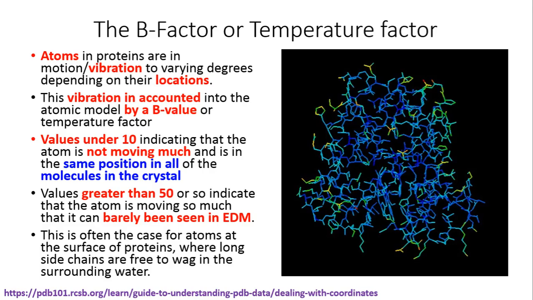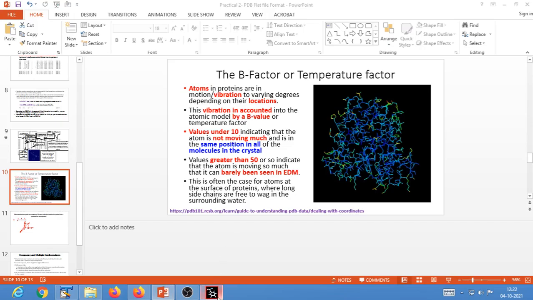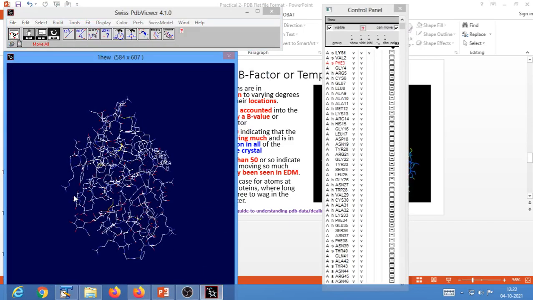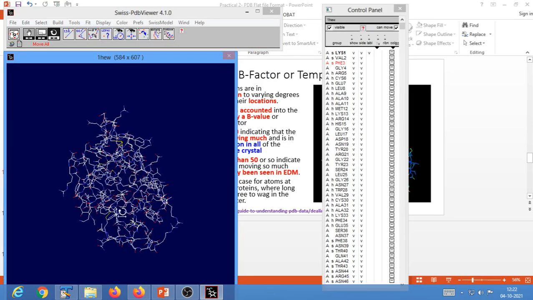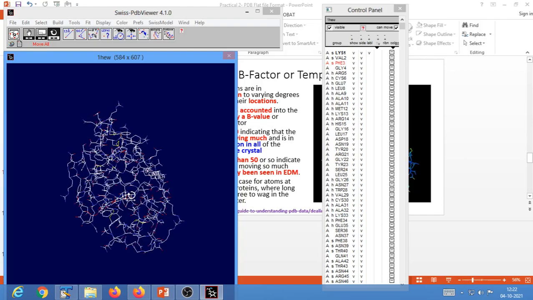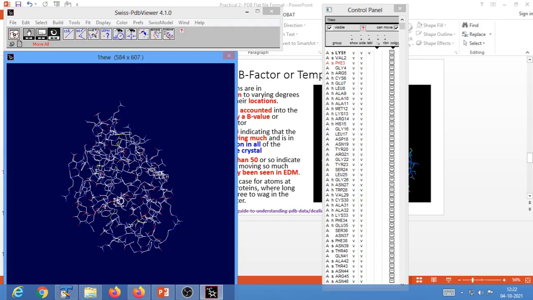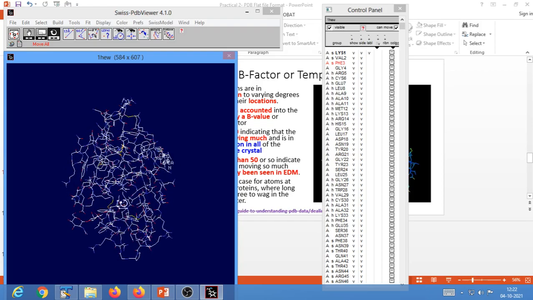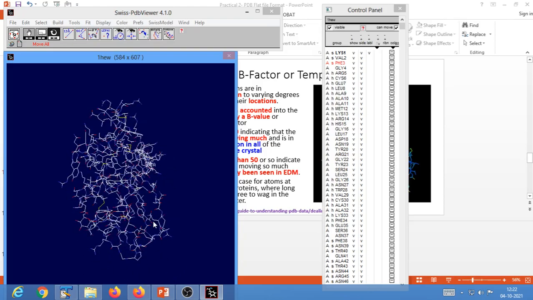Usually the atoms that are present in the core of your protein do not move much. Why? Because the core is usually stabilized, while the atoms that are present on the surface of your protein show a bit of movement. The side chains that are exposed to solvent usually show movement.